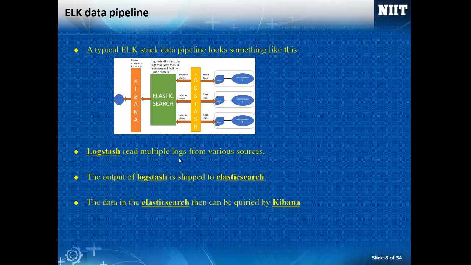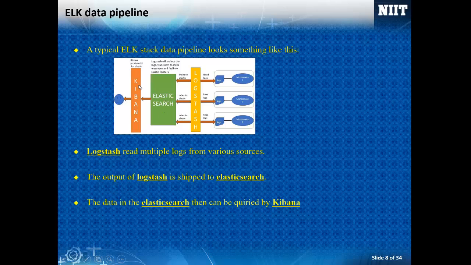Let's talk about the ELK data pipeline. So how basically does this ELK stack work? You can have a look at this picture here. There are many microservices running on different platforms which gather the logs. The main task of Logstash is to grab these logs which are generated from various sources, transform and filter those logs, and push them into the Elasticsearch engine.